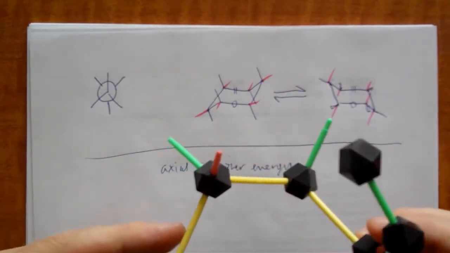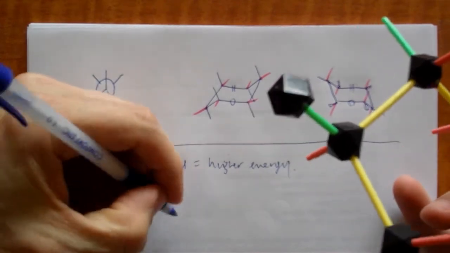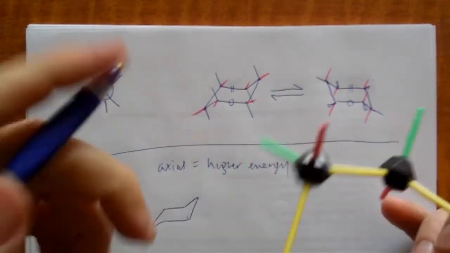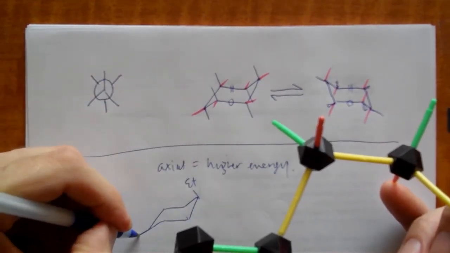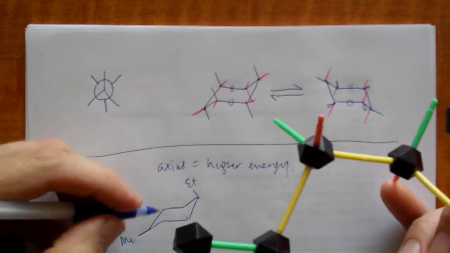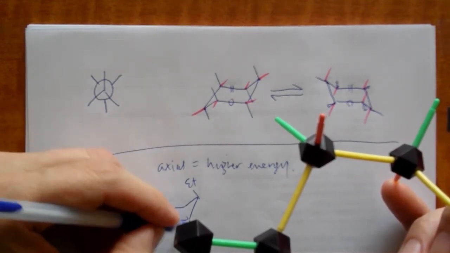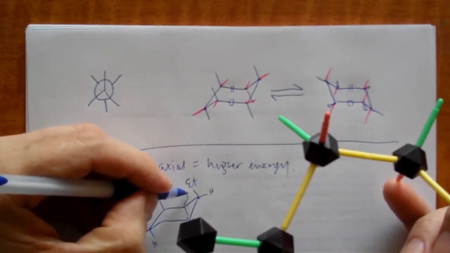Well, in this conformation, I'm going to draw this, okay? This is in the axial, so I'm going to say that's ethyl, and that's methyl, right there, okay? Hydrogen, hydrogen, hydrogen, hydrogen, hydrogen, hydrogen.